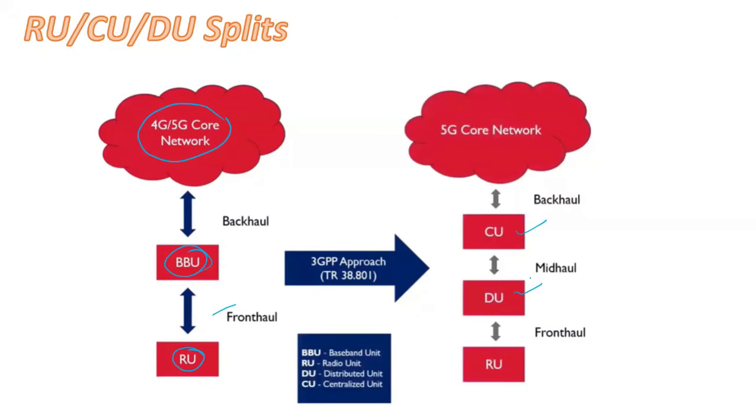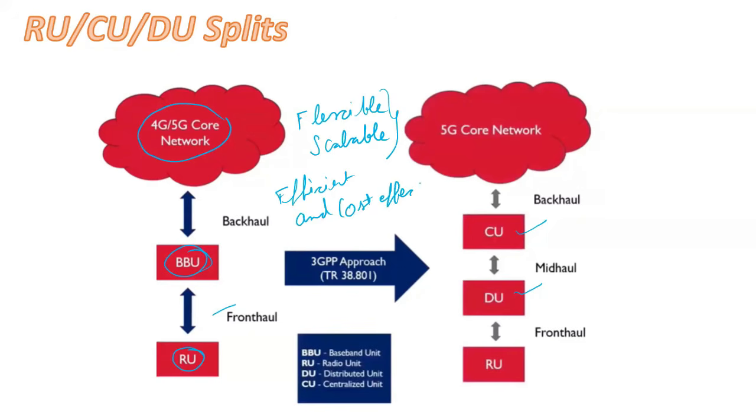I will use these terms a lot. Please remember why we need everything in this session: everything should be flexible and scalable. These two terms are very important. The ultimate aim is to have an efficient and cost effective network. This is what we call the RU, CU, and DU splits.